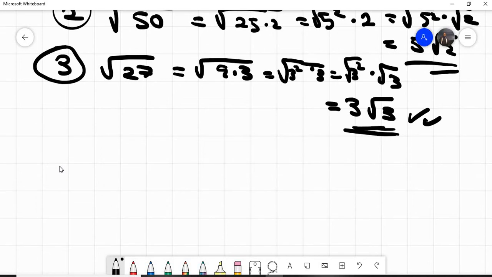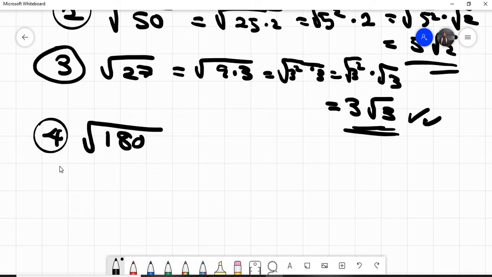Then example 4, we are given the square root of 180. So what we're going to do is play with the long division. We write 180, which is even, with 0 as the ending. We could divide by 10, but we want to get prime numbers.